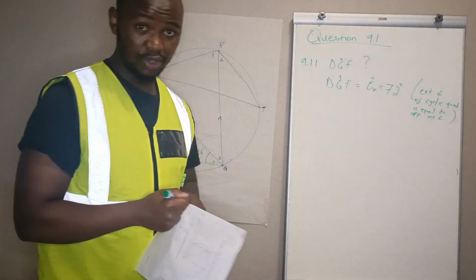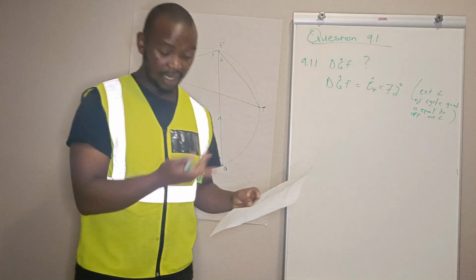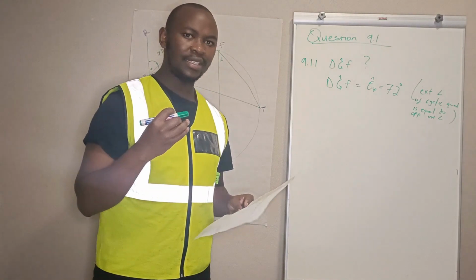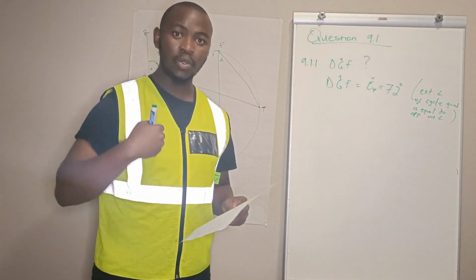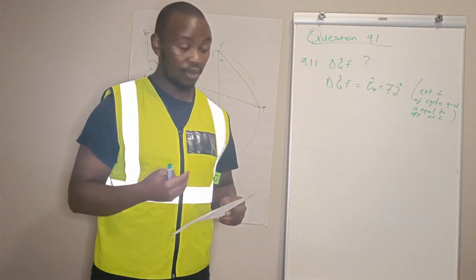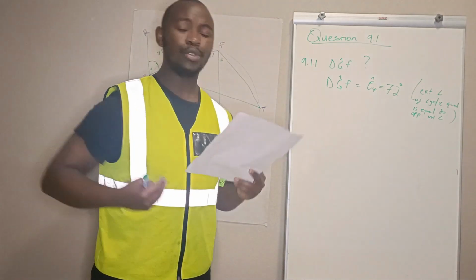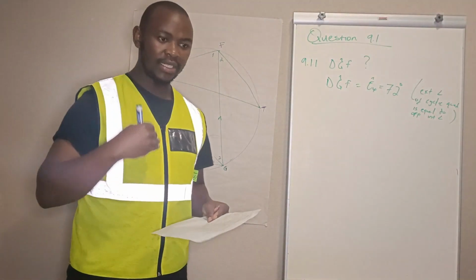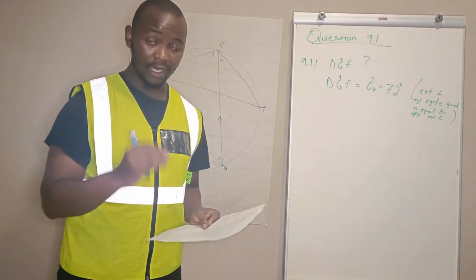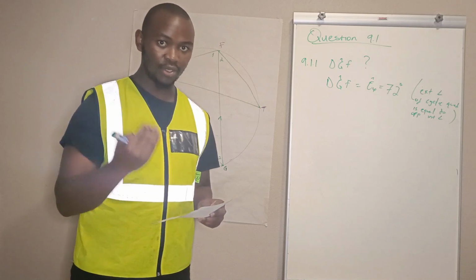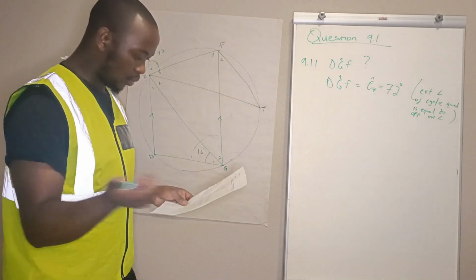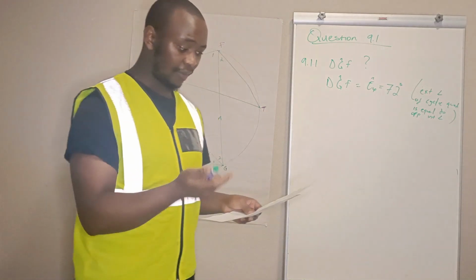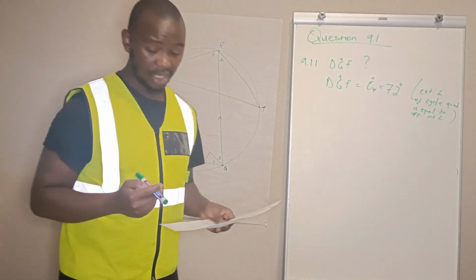So it is important to provide reasons, just like how the question is structured, but it is important to yourself, and it also helps guide the marker, whoever is looking at your script, about your line of thinking. Some people might solve this question differently, but the most important thing where we all combine is the reasoning. Can we understand your reasoning? So we have the answer, DGF is equal to 72 degrees.